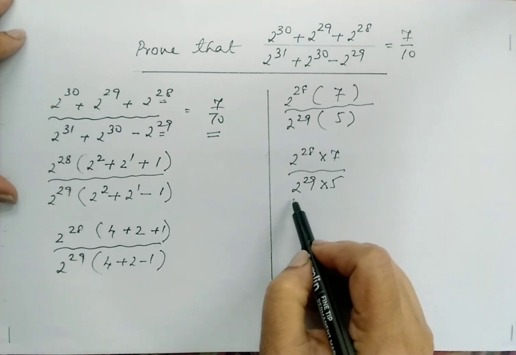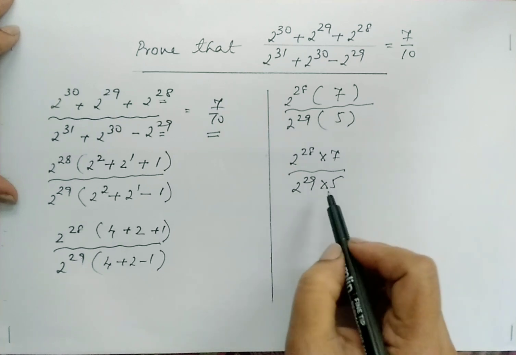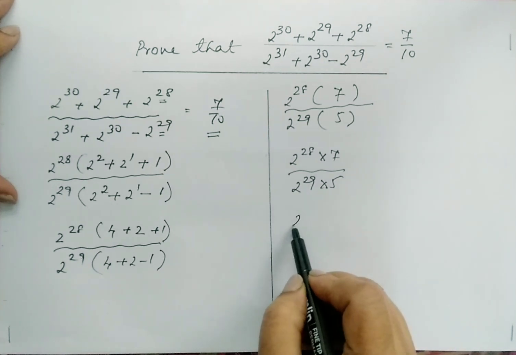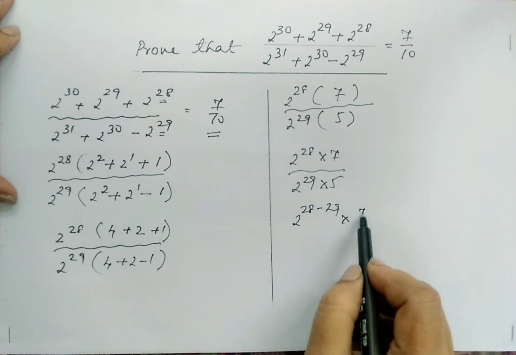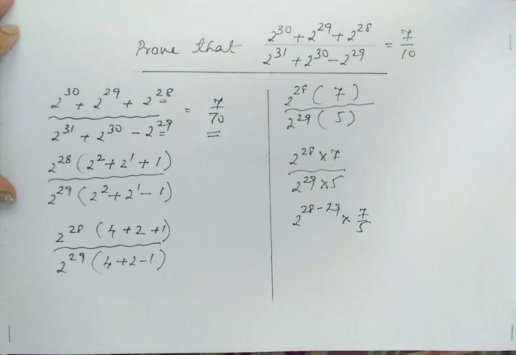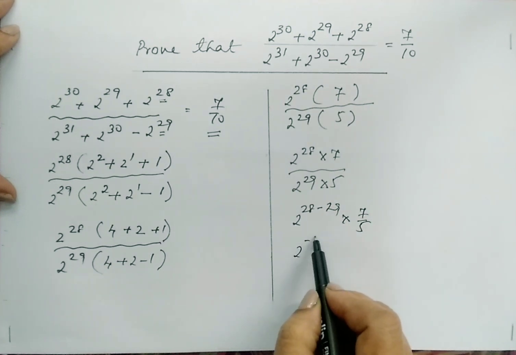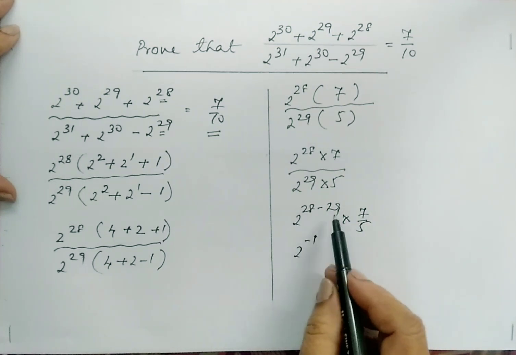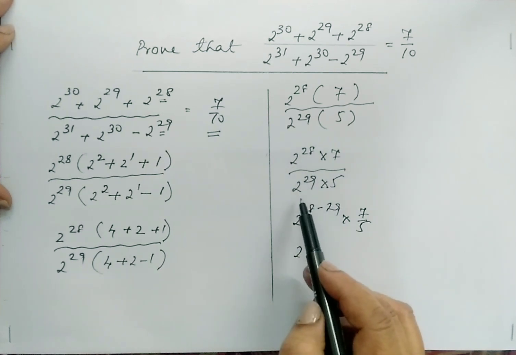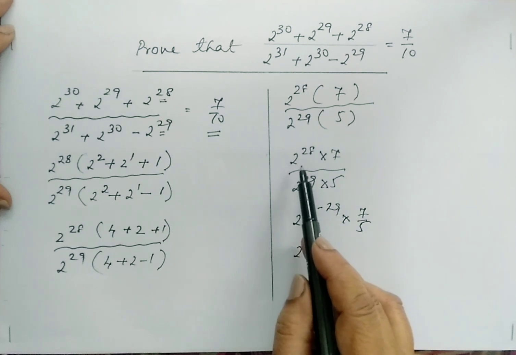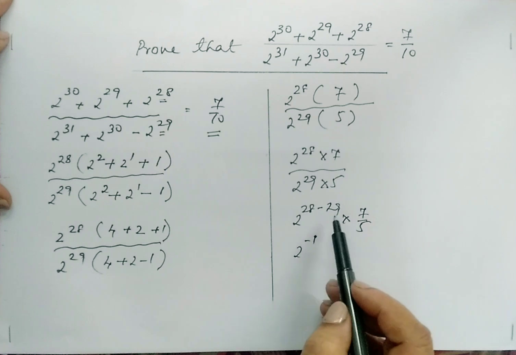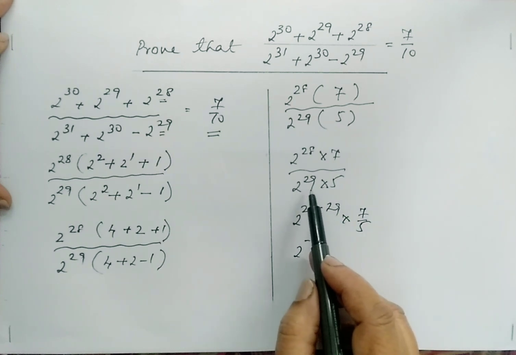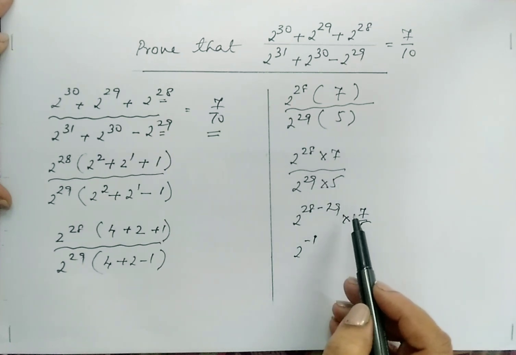Now we have a common base here. So the next thing we do is 28 minus 29 multiplied by 7 by 5, which means we'll get a minus 1 here. As per exponential rules, we know that whenever there is a base which is common and having different powers, we bring the denominator power up as minus.